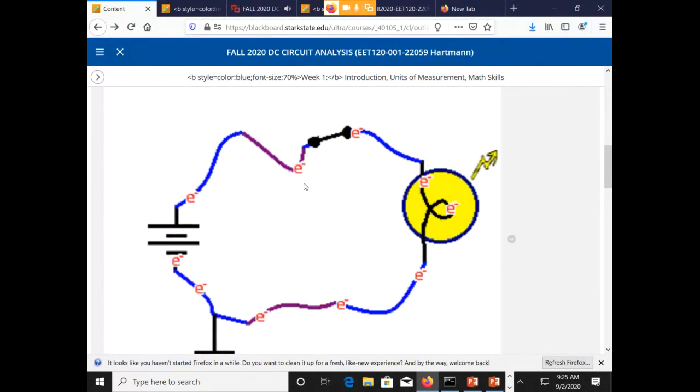Think about a train going down the track: the engine pulls a car, and that car is attached to another car behind it, which is attached to another car behind it, and so they're all moving.